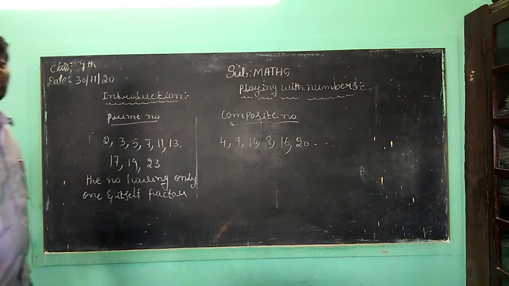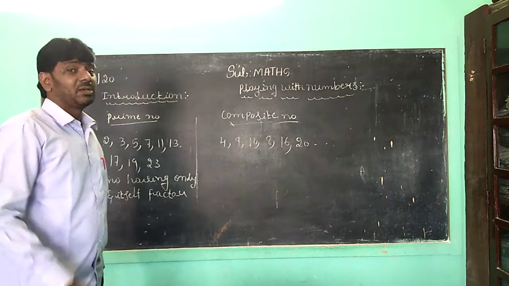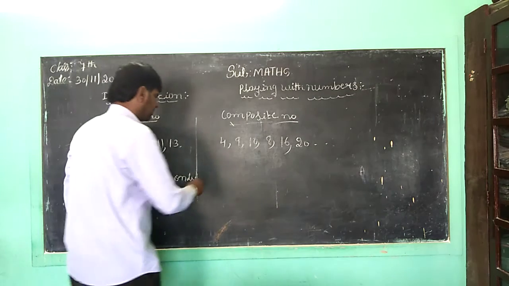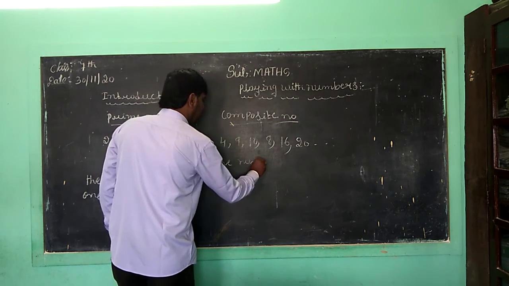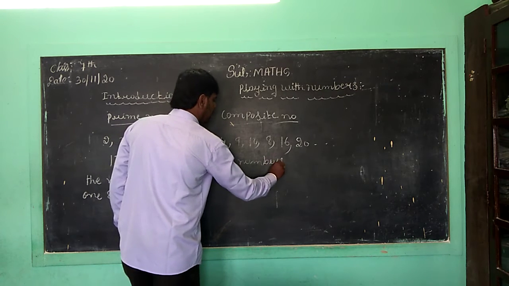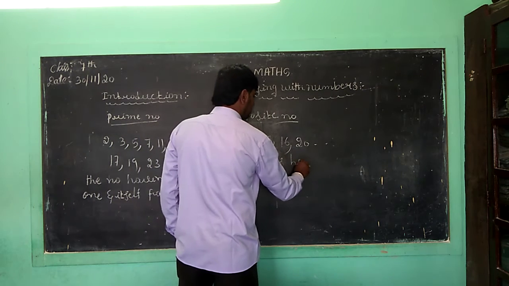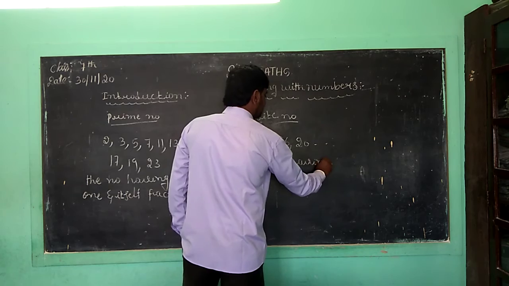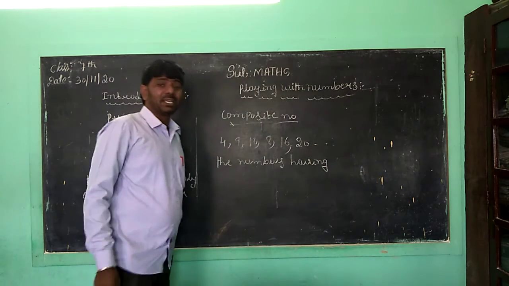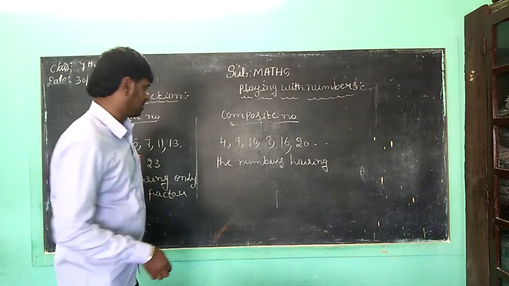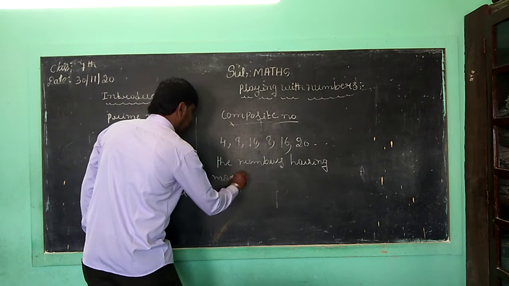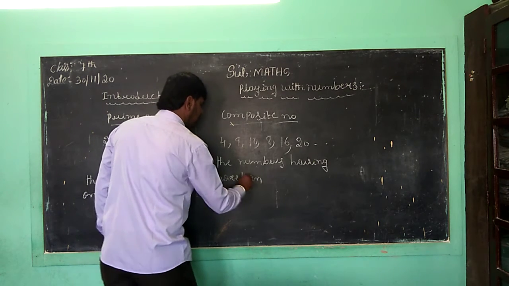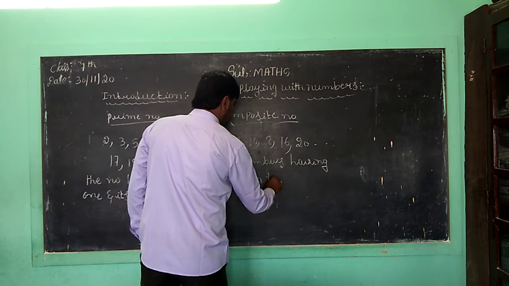Composite numbers: those numbers having more than 2 factors.